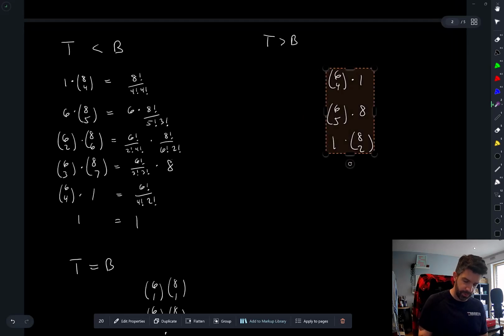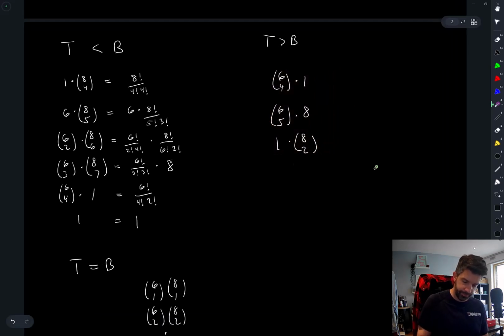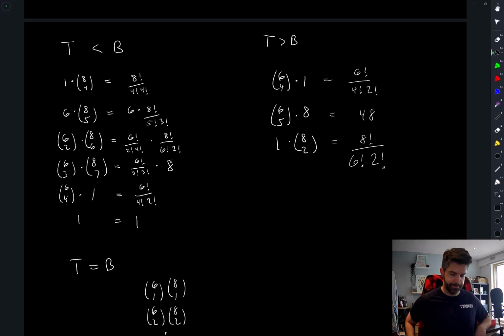Okay, let's write these out. 6 factorial divided by 4 factorial, 2 factorial. 6 choose 5 is 6, so this whole product is simply 48. And this is 8 factorial over 6 factorial, 2 factorial.